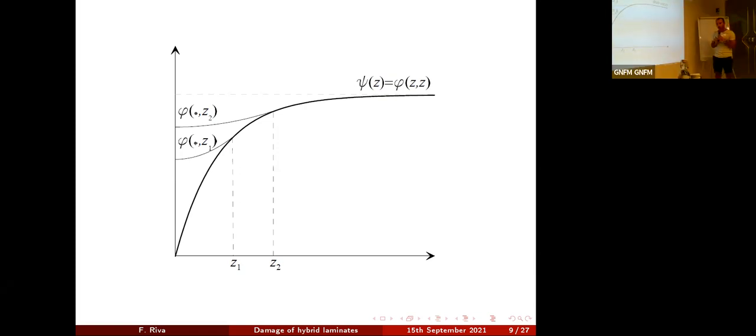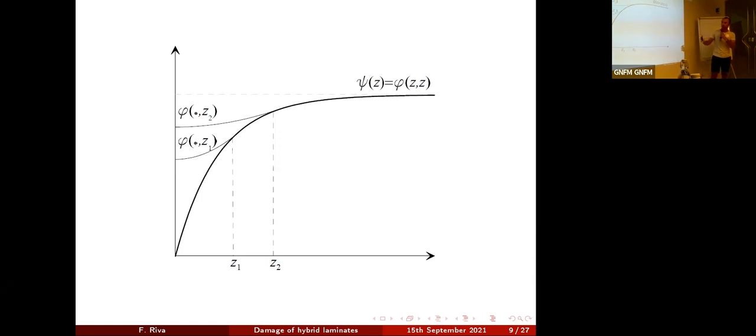Yesterday in the talk of Matteo, he presented brittle fracture. In brittle fracture there is this density, but it is simply a constant equal to the fracture toughness. But in quasi-brittle fracture, we have this concave behavior during the loading regime and some convex behavior in the unloading.